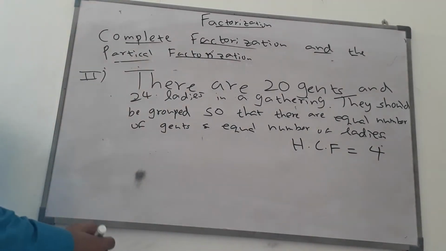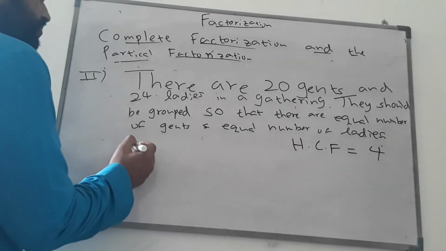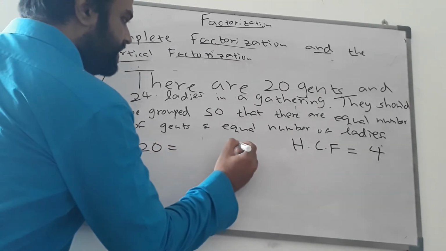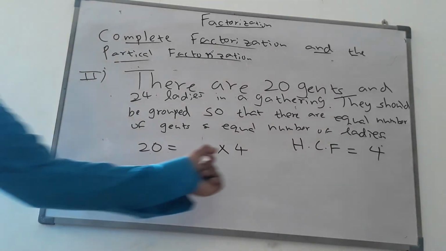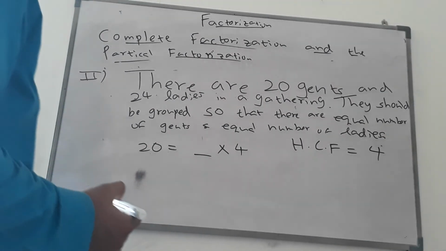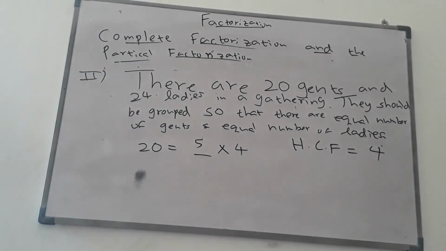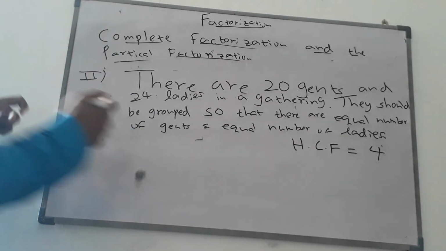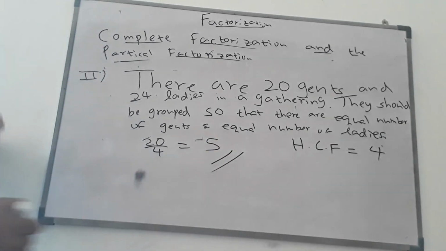So when HCF, the maximum number of groups, is 4, the number of gents in each group means we have to find the other number that can be multiplied by 4. HCF is 4, so the number of gents in each group from 20 means 5. Or we can say we can divide 20 by the highest common factor. So the number of gents in each group is 5.